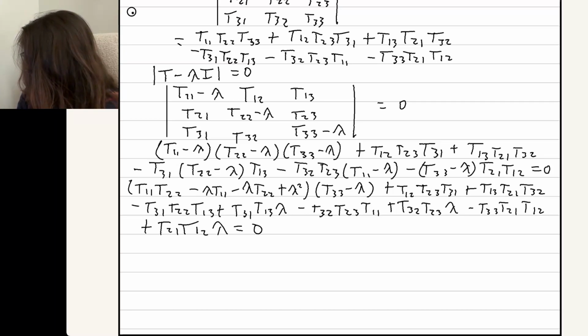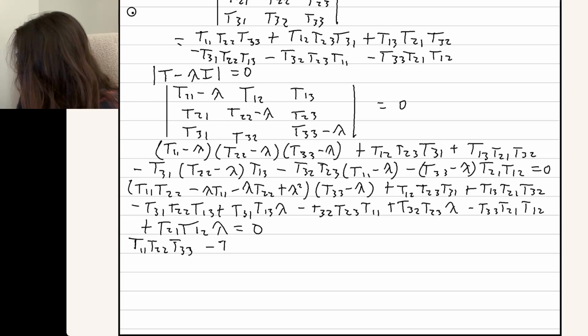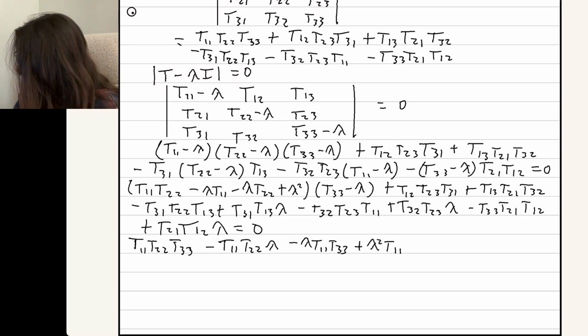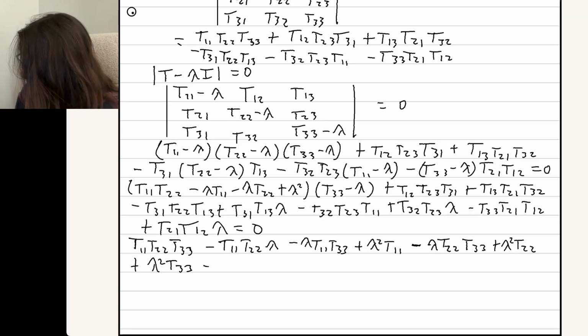So it's going to be T11 T22 T33 minus T11 T22 lambda, minus lambda T11 T33, plus lambda squared T11, minus lambda T22 T33, plus lambda squared T22, plus lambda squared T33, minus lambda cubed, and then the rest of the terms, which I'm going to copy paste.